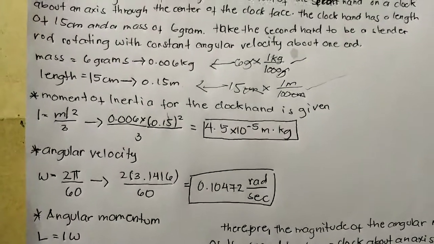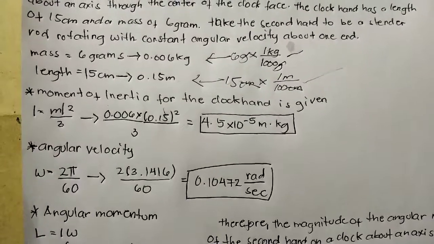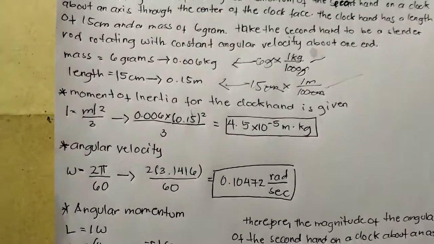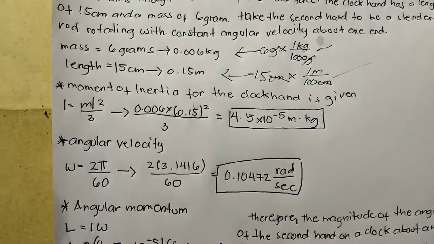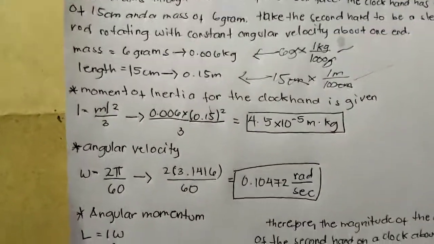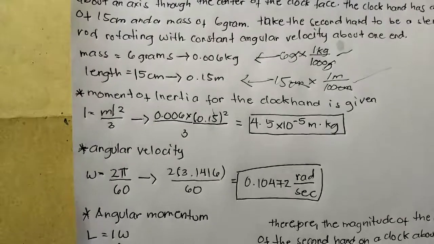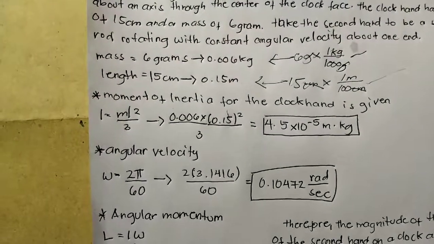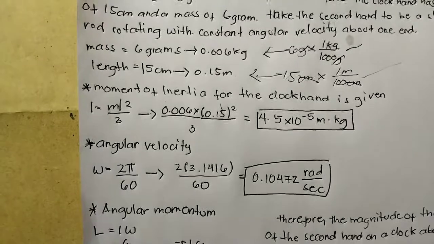Inertia is equal to mass times length squared over 3.